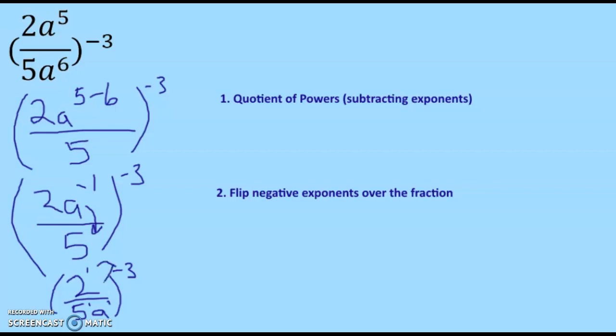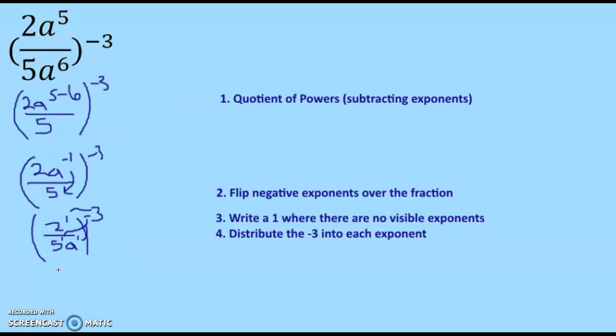And distribute the negative 3 to each of these. So then we have 2 to the negative 3rd power over 5 to the negative 3rd power, a to the negative 3rd power. All of these are negative exponents, so everything gets flipped across the fraction.